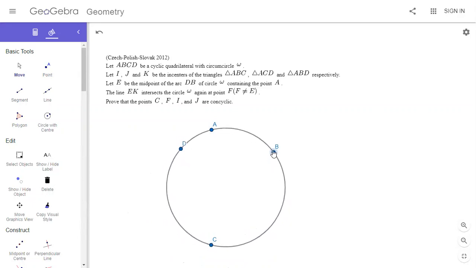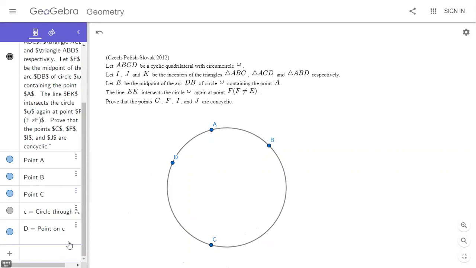All right. I don't want the diagonals necessarily to be perpendicular. Okay, so we draw the incenters of ABC, ACD, and ABD. What's wrong with that? Why won't it work? Oh, I need incircle.